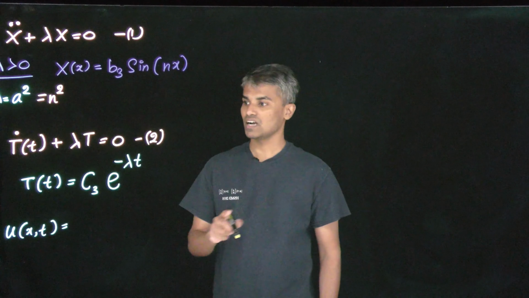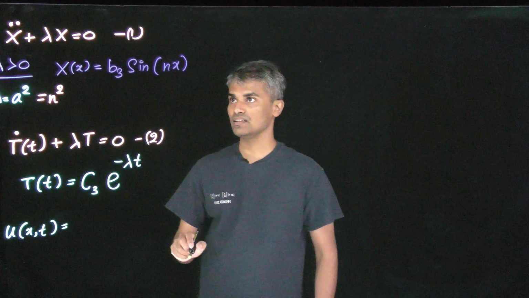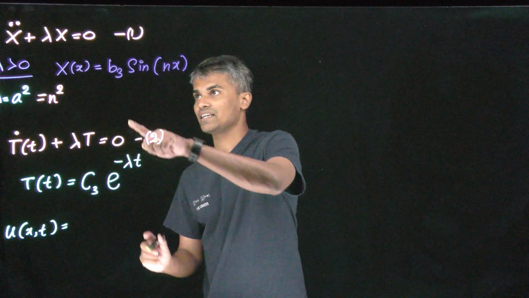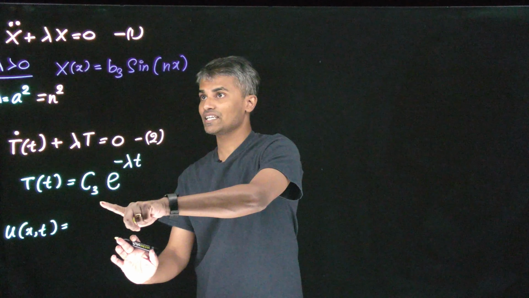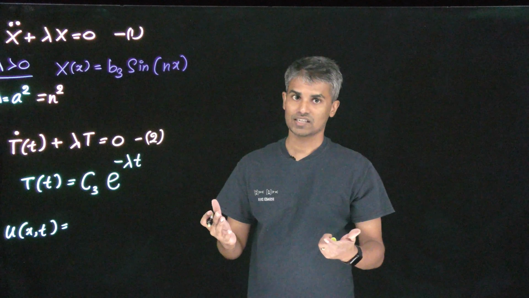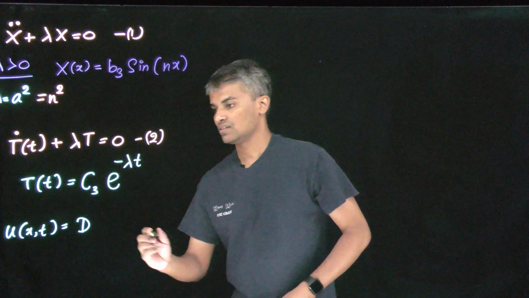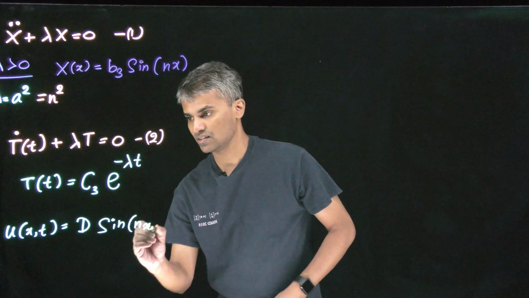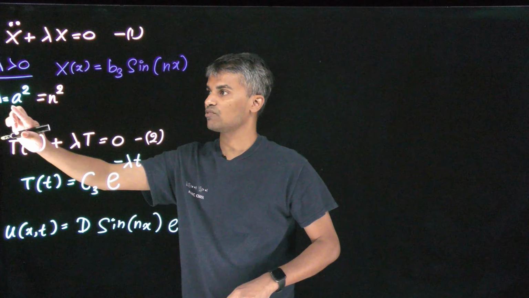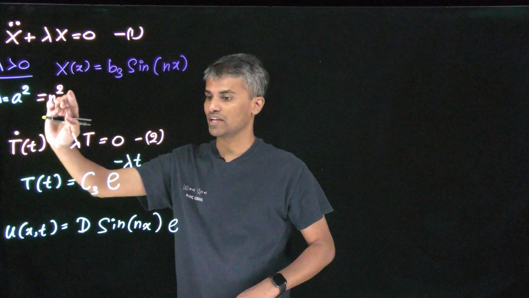So now we can construct the solution for u of x comma t. And remember, we took u equals big X of x times big T of t, and if you do that you will get this term times this one. So you will get b3 times c3, which is a constant, let us say d, times sine of nx times e to the, by the way, lambda equals a squared, but a equals n, therefore lambda equals n squared.